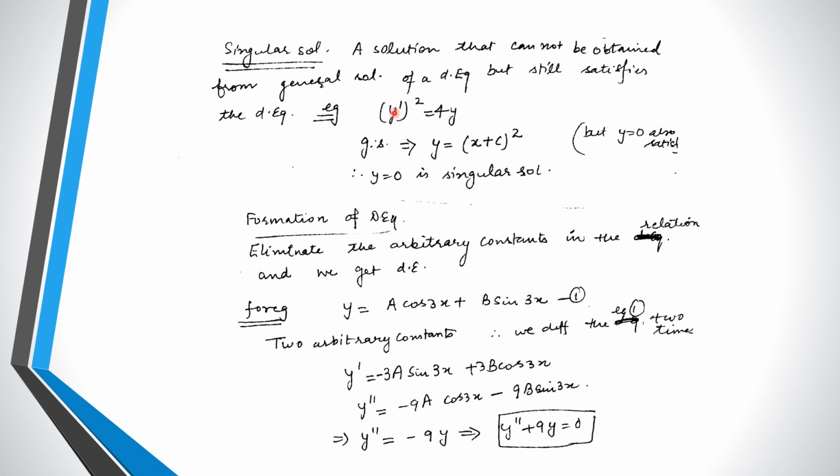So your left hand side is 0, your right hand side is 0. So 0 is equal to 0, true. So that means 0 is a solution of this differential equation, but we cannot obtain y is equal to 0 from this, which is the general solution of this differential equation, right? So therefore y is equal to 0 is a singular solution.